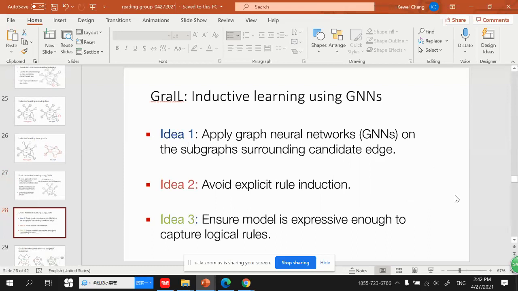Since explicit rule induction is usually challenging, instead of trying to extract the logical rules explicitly, they avoid the rule induction and only capture the latent information within the parameters of the model.